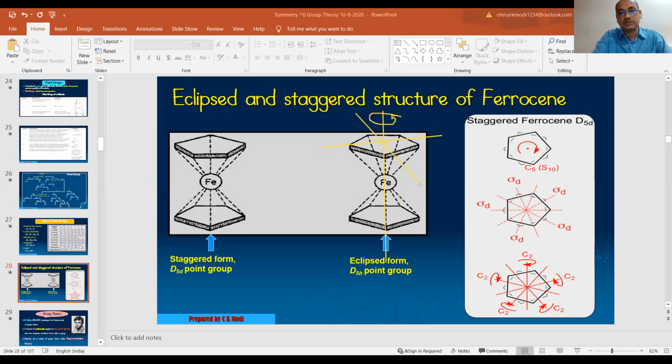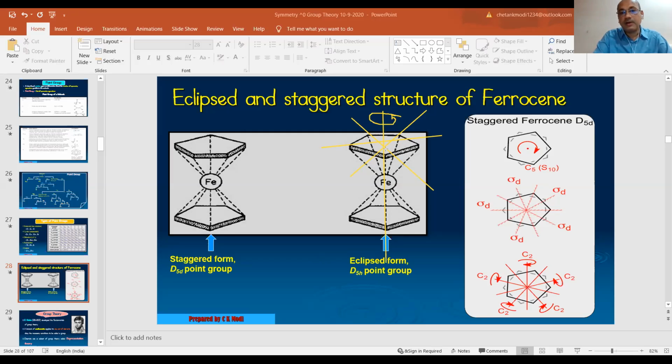These are the 5 C2s, passing through each carbon atom. So this is the C5, and the 5 C2s are subsidiary axes. So identity E is present, plus the C5 axis, plus 5 C2s. Therefore, the point group is D5.